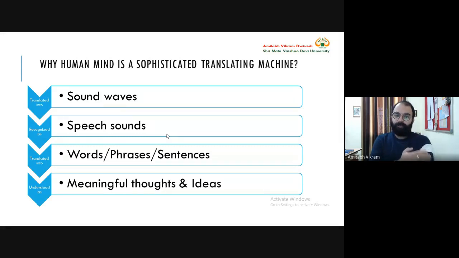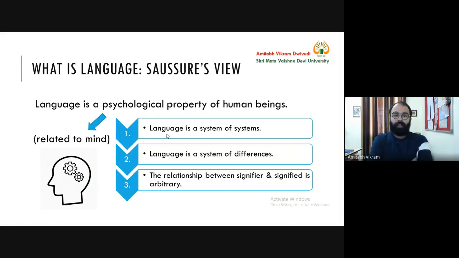So this entire process, starting from sound waves and reaching meaningful thoughts and ideas, is done by our brain. And that's why we say that the human mind is a sophisticated translating machine.